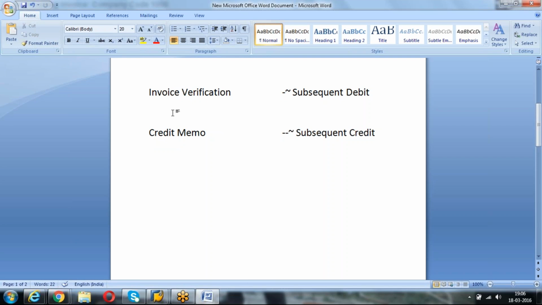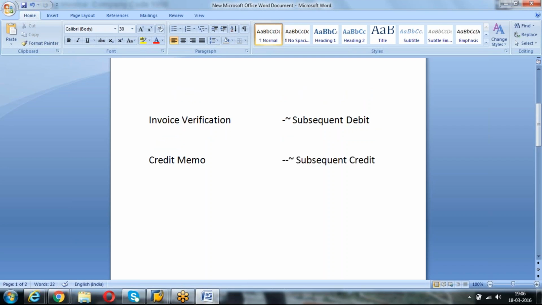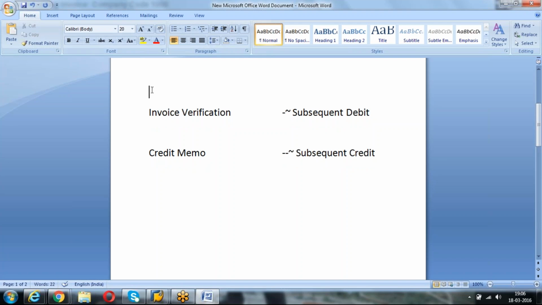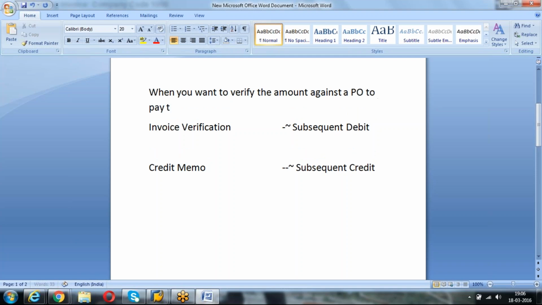Generally, we create invoice verification when you want to verify the amount against a PO to pay to the vendor.